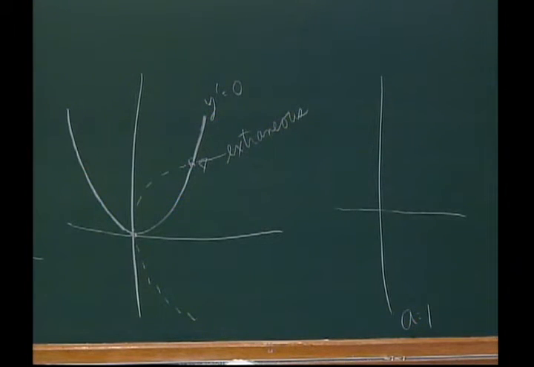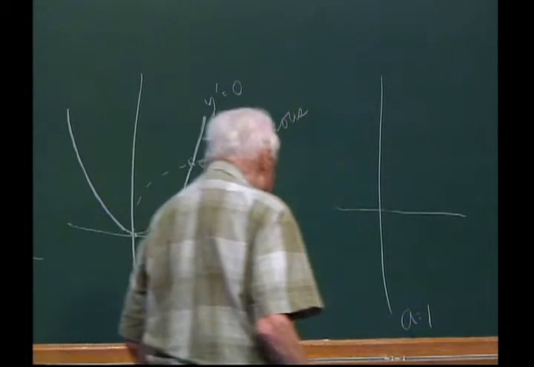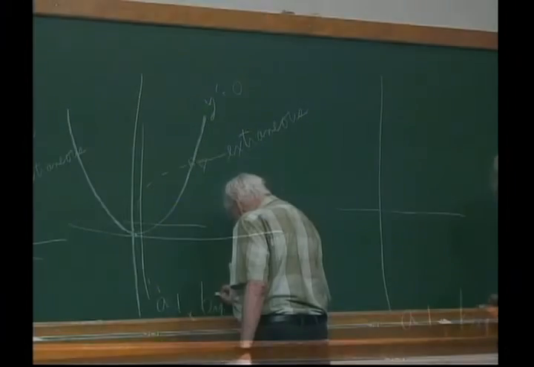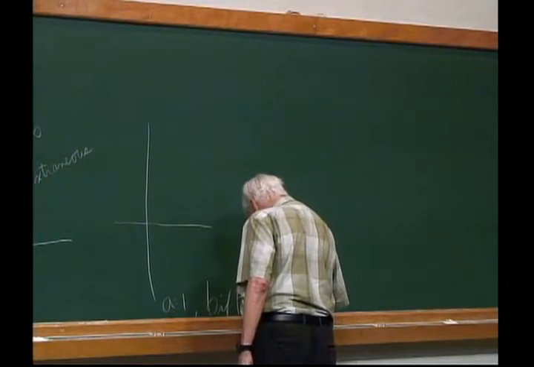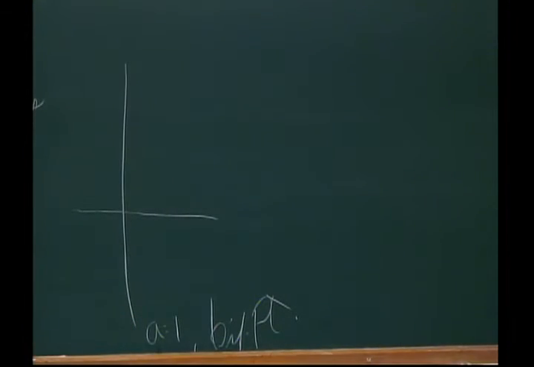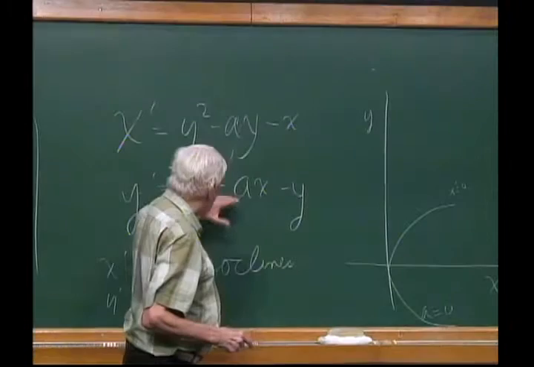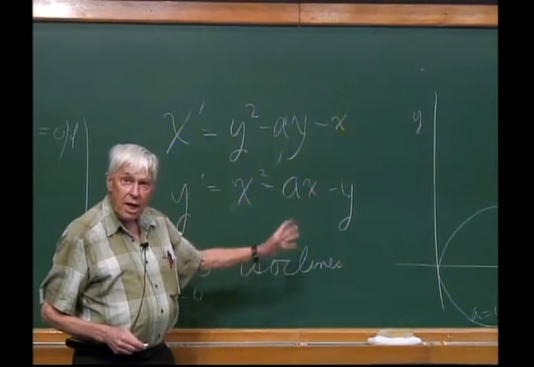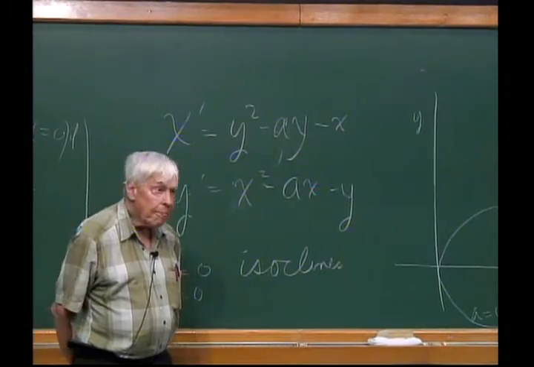So a equals 1 is the bifurcation point. Remember, a is our bifurcation parameter. So a equals 1 will be when these isoclines are both 0. And so that's going to be this origin.